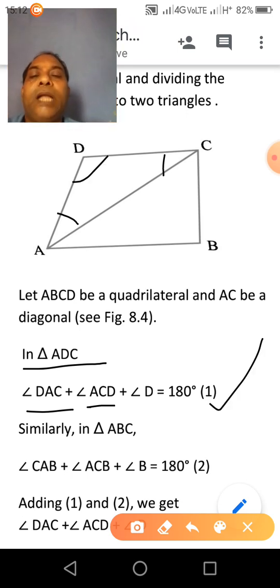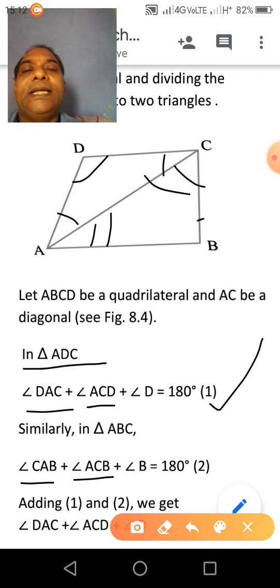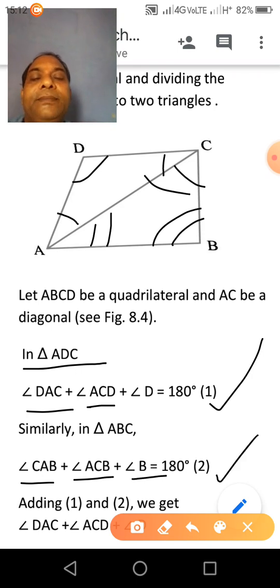Clear? Now in triangle ABC, angle CAB plus angle ACB plus angle B will also be equal to 180 degree. Clear?